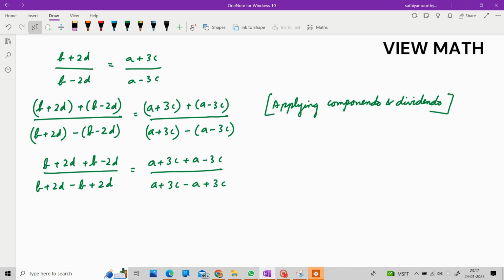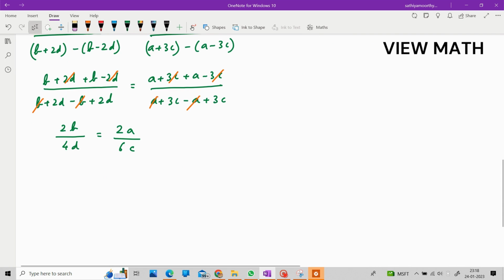Now let me cancel the common terms. Here plus 2d minus 2d I can cancel. In the denominator I cancel b and minus b. Here plus 3c minus 3c, a and minus a I can cancel. So the remaining terms, here b plus b, so 2b, here 4d. This is equal to 2a by 6c.